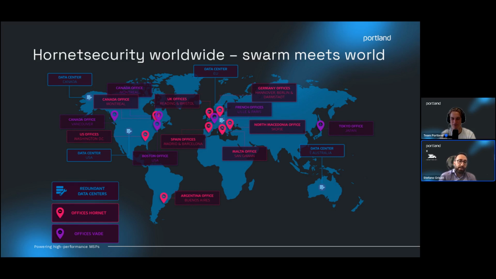You can also see that we have several data centers in several locations, which is very important, especially in terms of backup, because you can choose where you want the data to be stored. For example, in the US, in Europe, we have several data centers, in Japan as well, etc. So this is our presence worldwide, 700 employees, several offices, so that we can accompany our customers and partners all around the world.